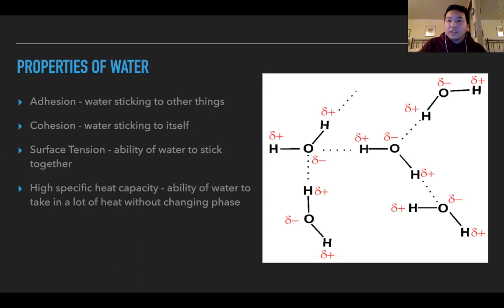They still have that liquid, they just get a bit hotter. And so notice how in this diagram on the right that these H's are partially positive and the O's are partially negative. That's because the polarity of the bond is strong, right? The oxygen atoms are a lot more electronegative than the hydrogen atoms.